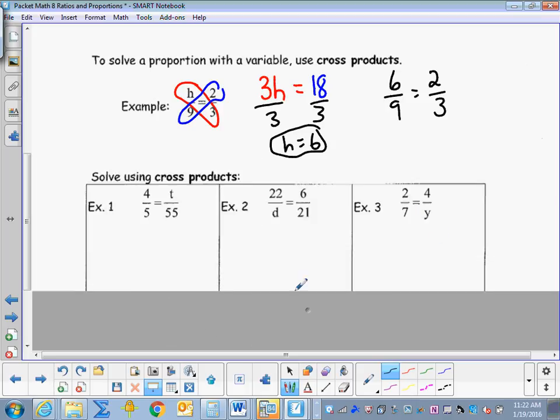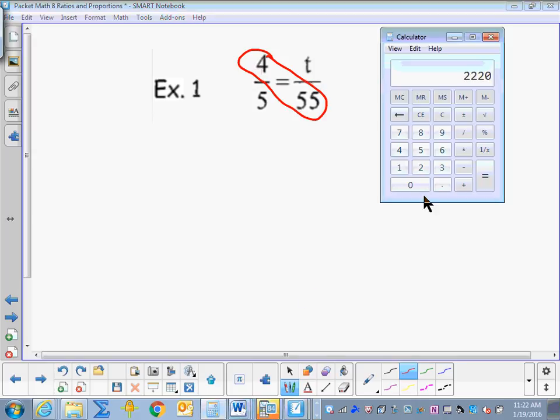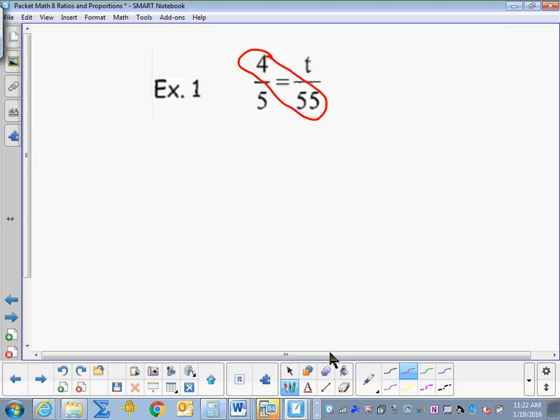So let's solve these three examples using cross products. So 4/5 is equal to T over 55. So we're going to cross multiply. We're going to take 4 times 55. Four times 55 is 220.